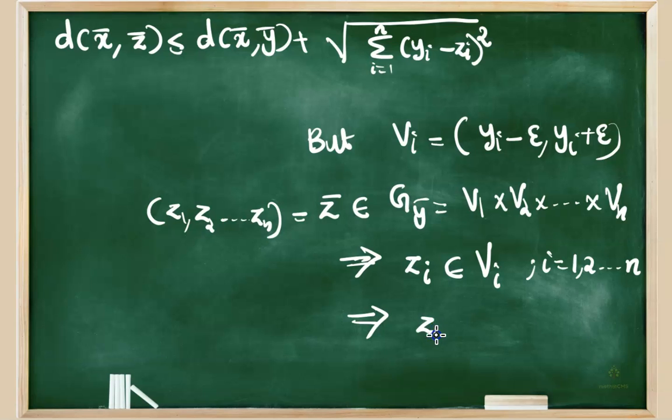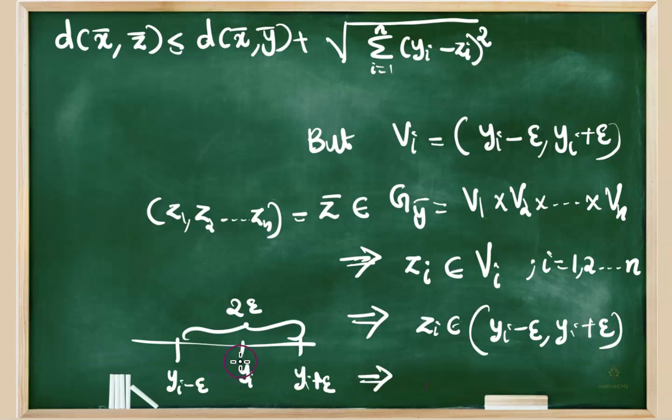So zi belongs to the open interval (yi minus epsilon, yi plus epsilon). Hence, as this interval has length 2 epsilon, the distance between these 2 points will be less than epsilon.